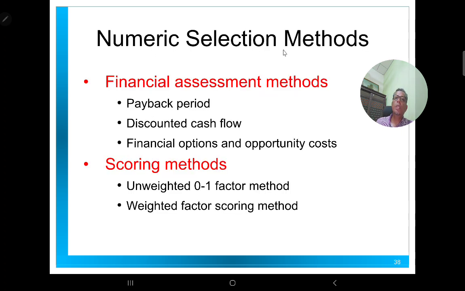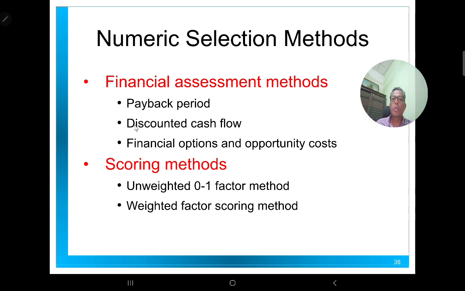For the numeric selection methods, there are a couple of ways to do this. The first is through financial assessment methods. This is based on the payback period. So you are looking into whether the project will benefit in terms of profit.